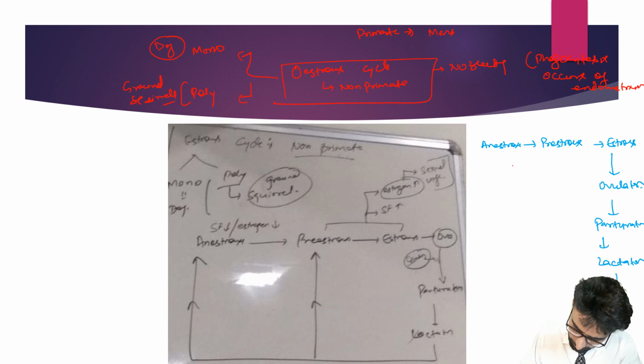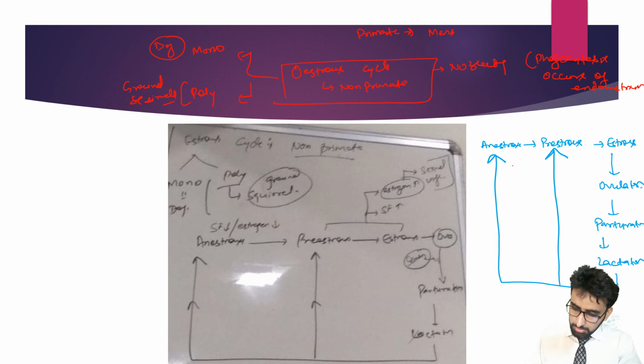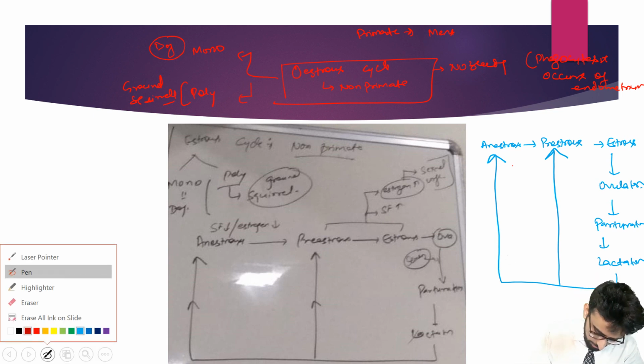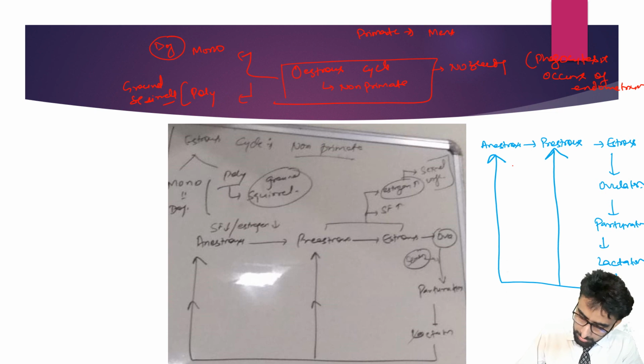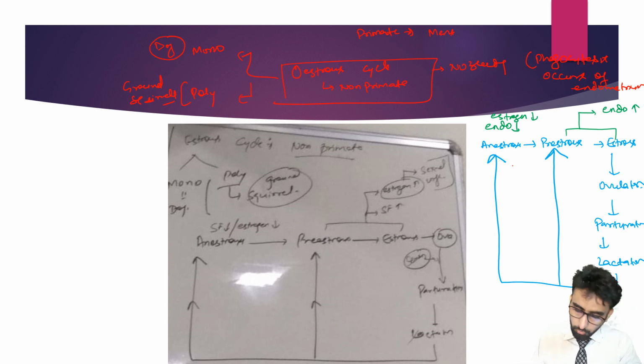After lactation the animal can enter either estrus again or anestrus. So what is the anestrus phase? Anestrus phase is the phase where the endometrium is very thin and there is no estrogen, or the estrogen is also very low. In pre-estrus and estrus phase, the endometrium is proliferating and preparing itself for implantation, and moreover the amount of estrogen is also increasing.